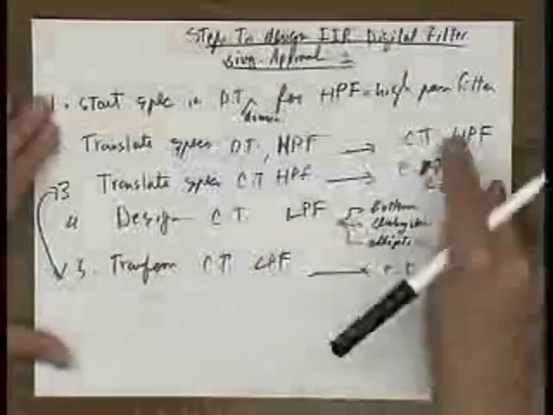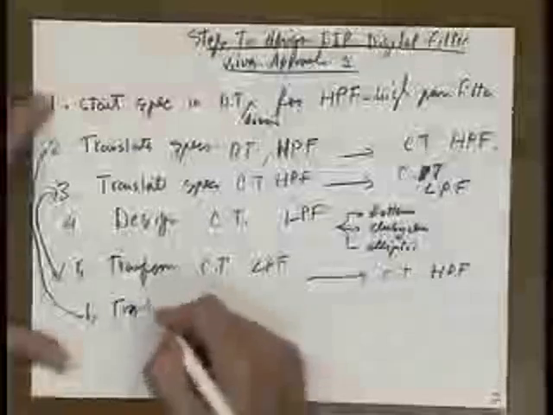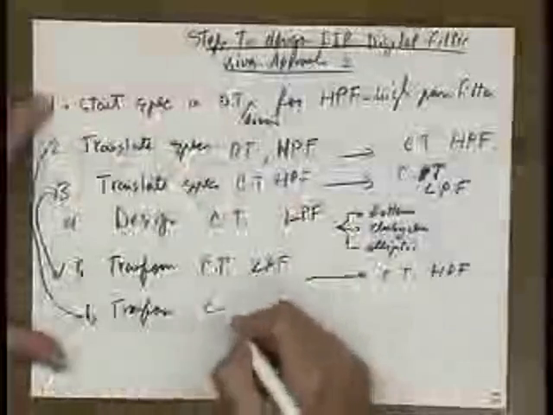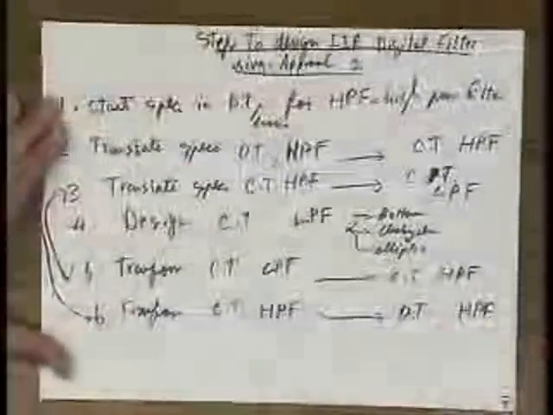And now you have to undo step 2, which is to transform whatever you did in this step to translate the specs. You transform the continuous time high-pass filter into a discrete time high-pass filter. And that's the end of it.